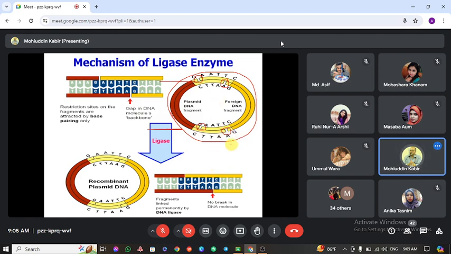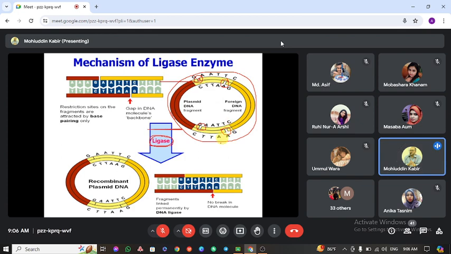That's why to create the phosphodiester bond, DNA ligase is used. DNA ligase is used to seal the gap, to seal that nick, so that they get the phosphodiester bond.